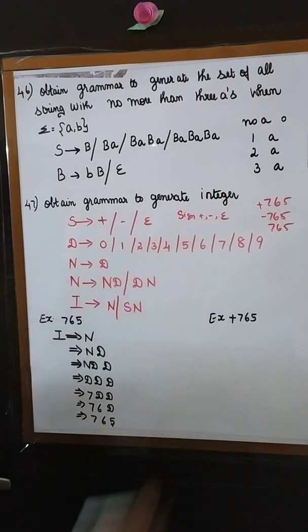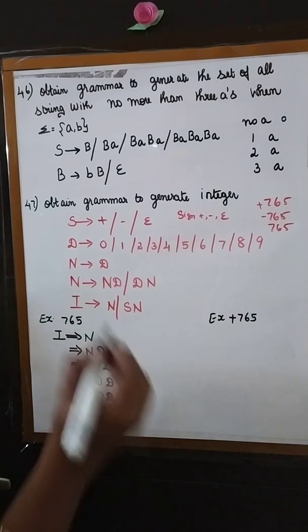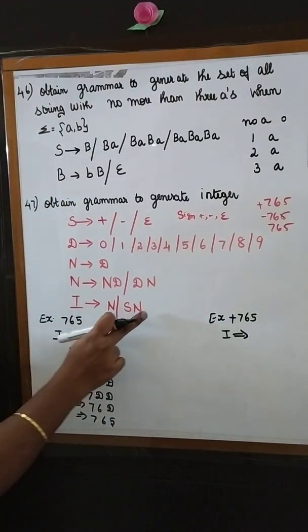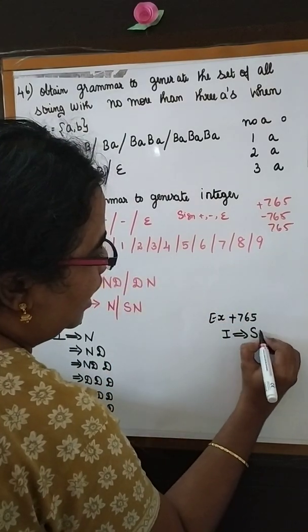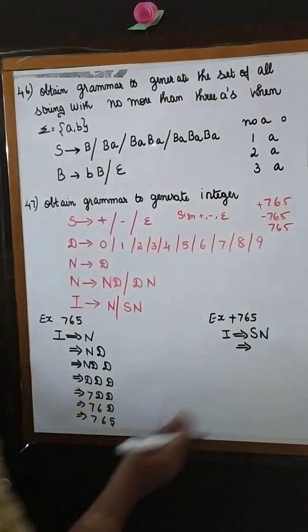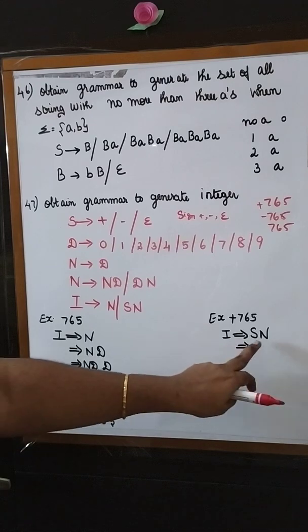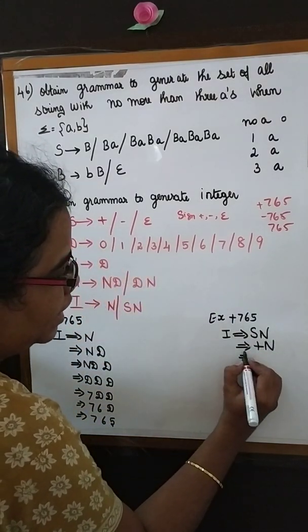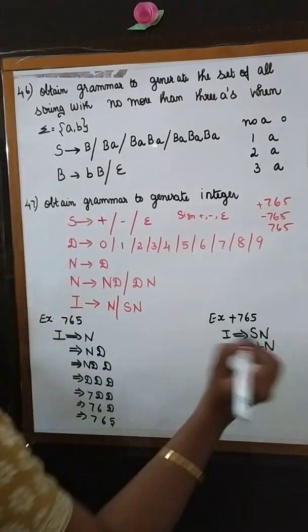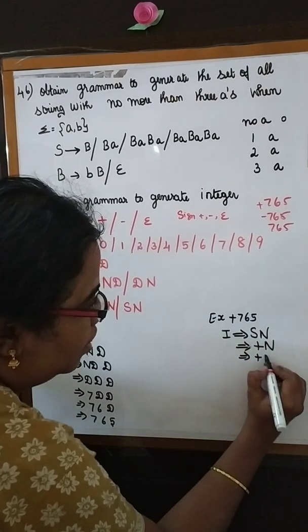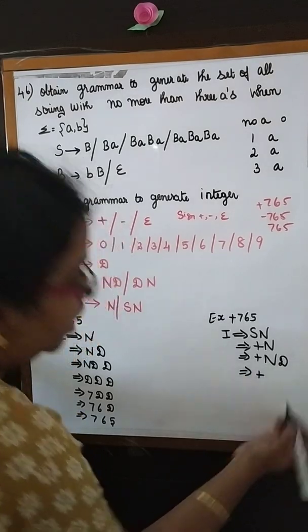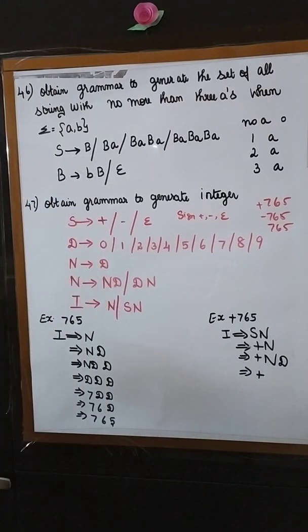Now we have to see with plus 765. I am going to start with my I with the signed number. What is the sign I need? I need the sign plus. So I am going to take plus followed by N. For this N, I am going to replace ND, and then I have got only 1 digit.